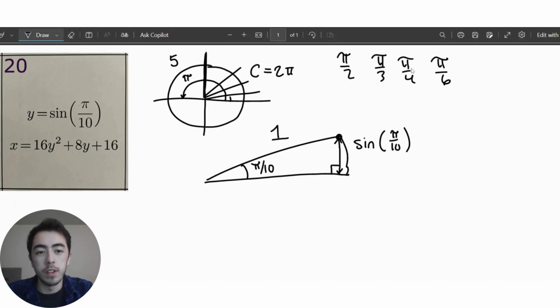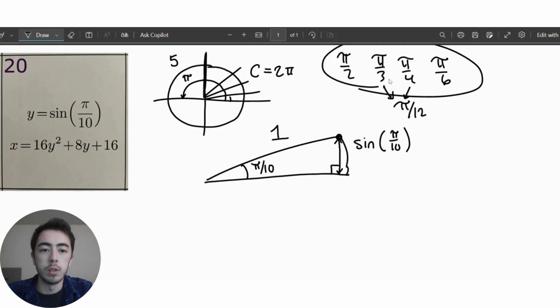And in that previous video, I used sum and difference rules for cosine and sine, and I was able to combine, I believe it was pi over 3 and pi over 4, to get a pi over 12. And that's not like a usual angle. Usually it's ones with denominators of 2, 3, 4, or 6. But I was able to create pi over 12 using a difference, as in pi over 3 minus pi over 4. And I was able to solve for that basing my knowledge from pi over 3 and pi over 4.